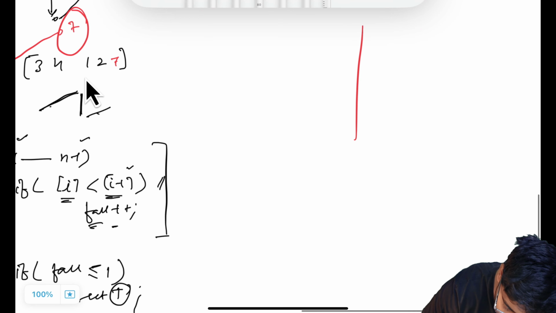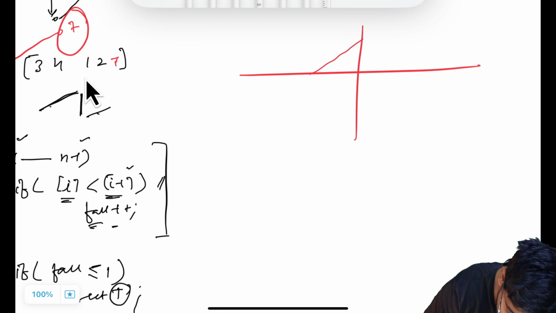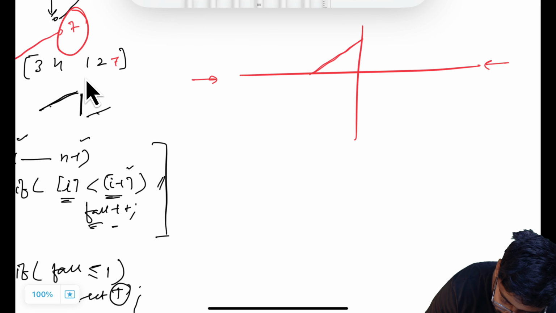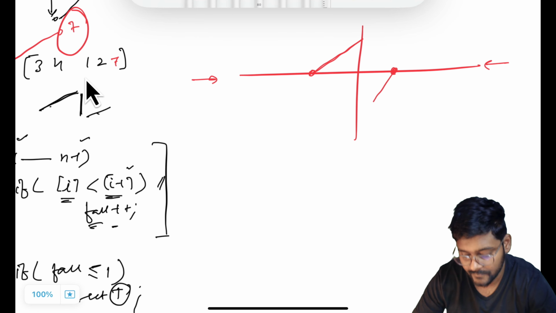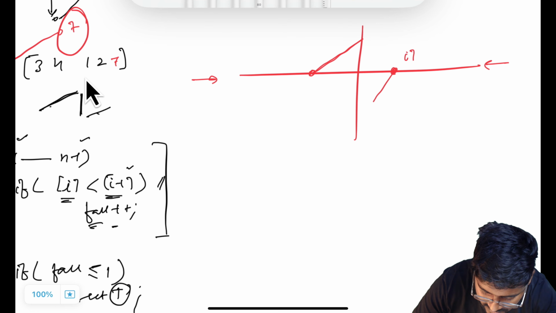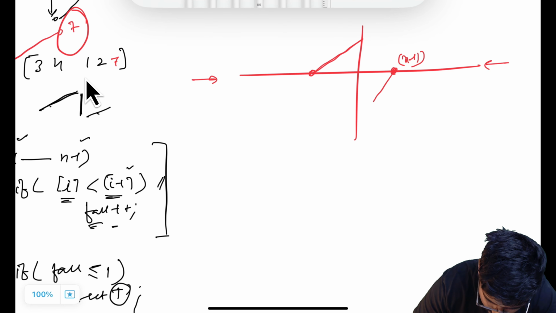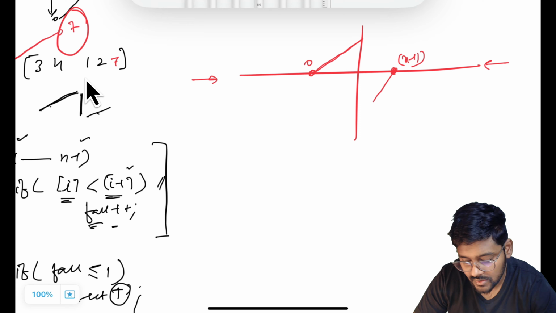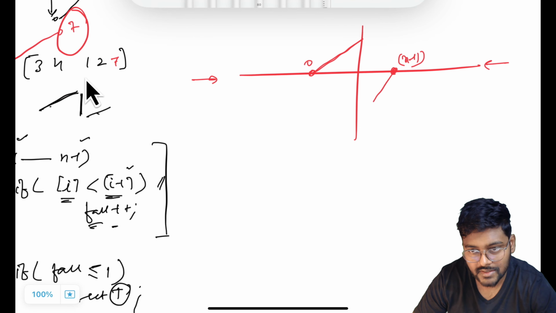It means if one portion is coming in this section, the second portion should not cross this line, this horizon line. It should be like this. So that's why we have to compare this position with this position as well. If this is n minus 1 and this is 0, the n minus 1 element should also not be greater than the 0th.